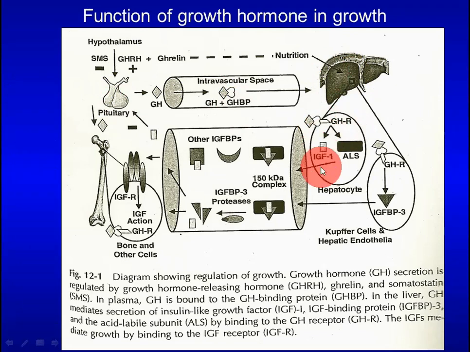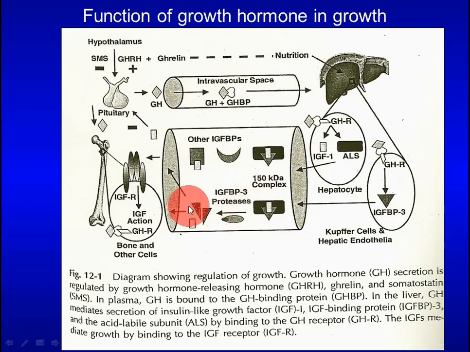One is IGF-1, second gene is ALS, third gene is IGF binding protein 3. These three proteins form a complex and circulate in the blood. IGF-1 is released from the complex by IGF binding protein 3 proteases.